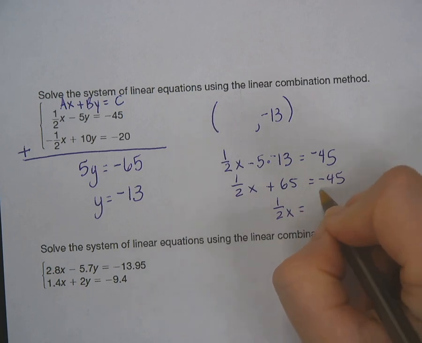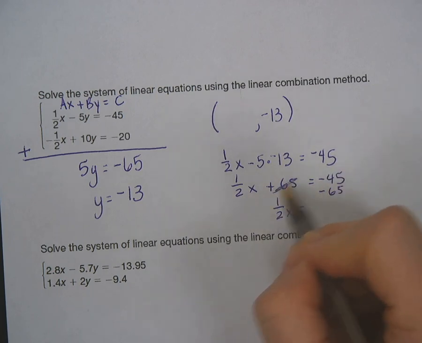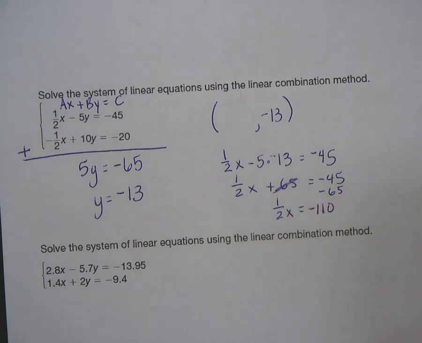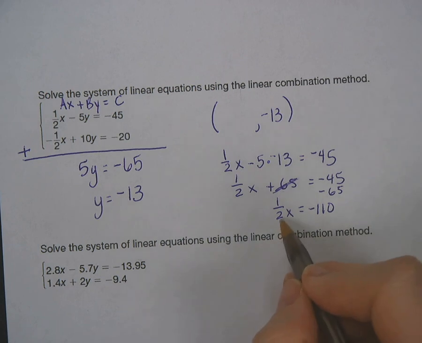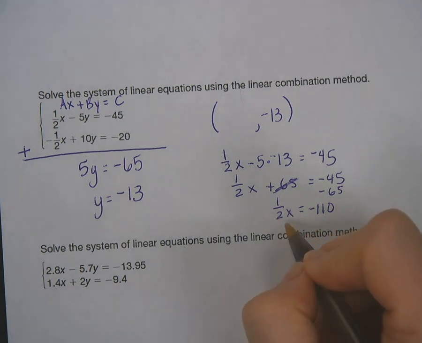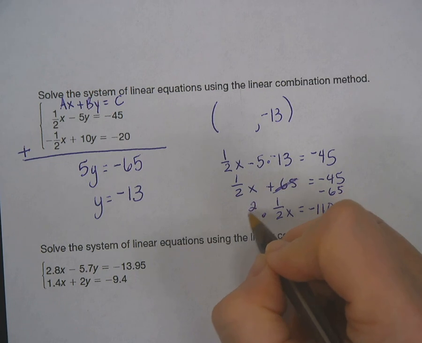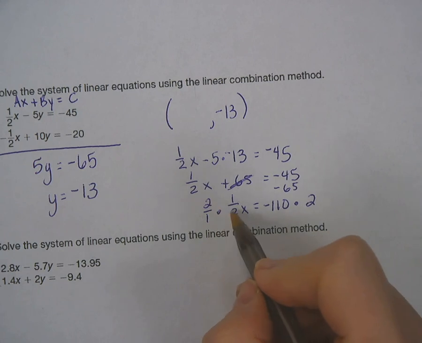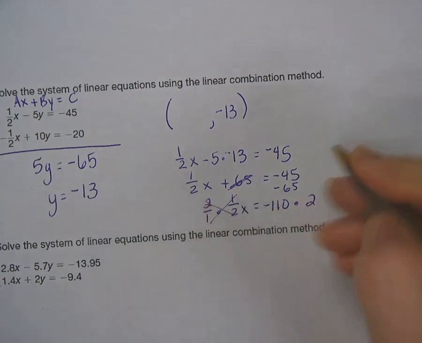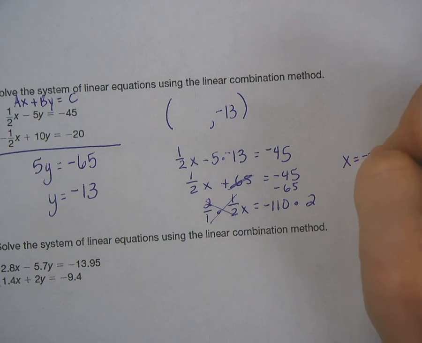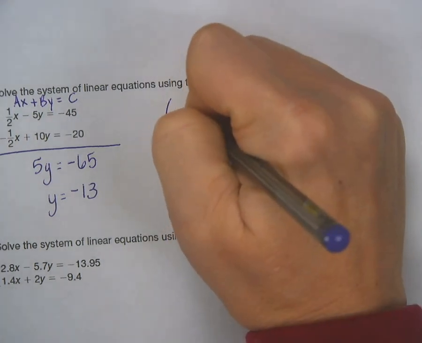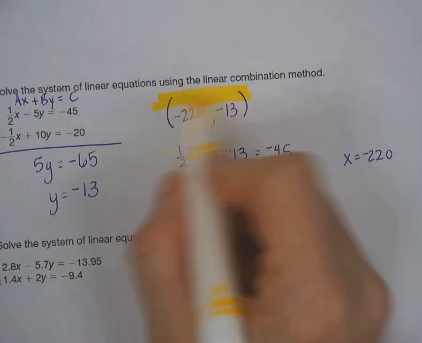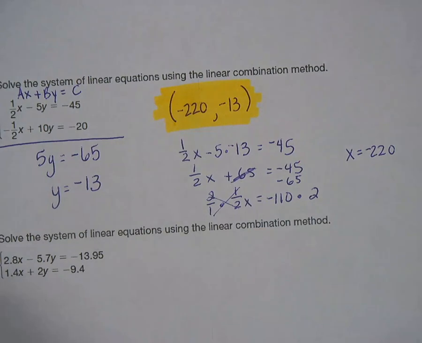Now I'm going to subtract 65 from both sides to get this to disappear, and I'm left with negative 110. Now to get rid of this 1/2, I can divide both sides by a half, or I'm going to multiply both sides by 2. Multiplying by the reciprocal makes these things cancel, and we get x equals negative 220. So our solution is the ordered pair negative 220, comma, negative 13.